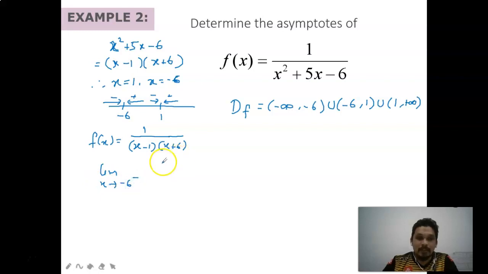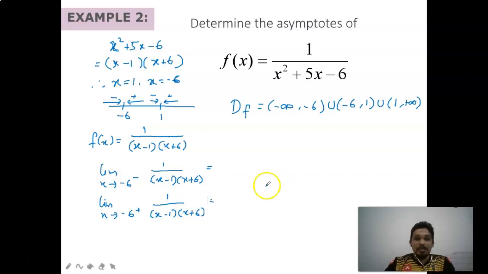Now let's find the limit of x approaching negative 6 from the left side of 1 divided by (x minus 1)(x plus 6), and the limit of x approaching negative 6 from the right of the same function.